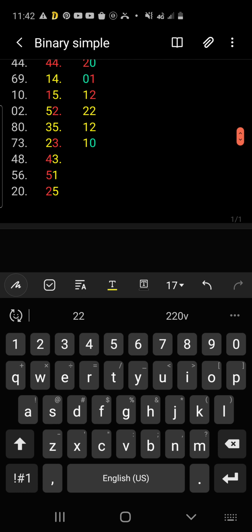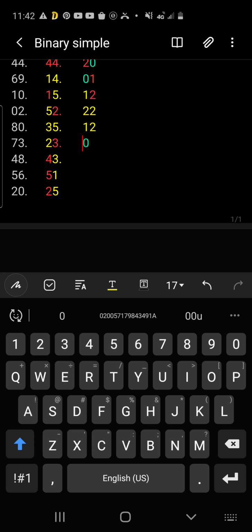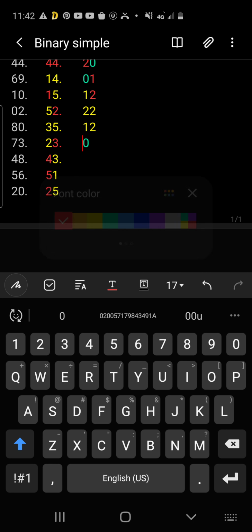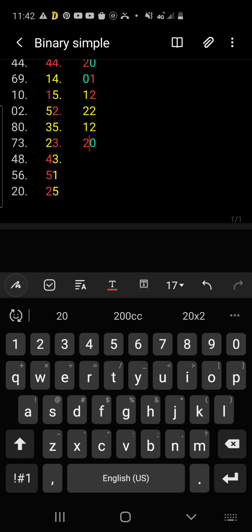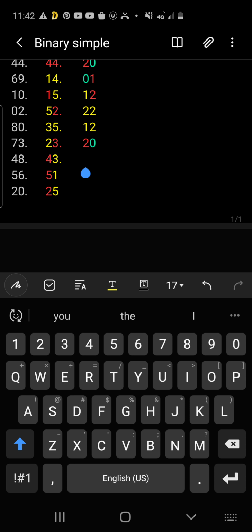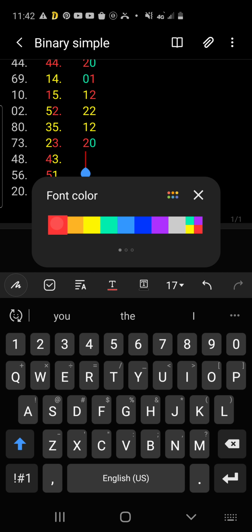Now I think I'm back on track. 3 to the 2 minus 1. 5 to the 3 minus 2. 2 to the 4 is plus 2. And 3 to the 3 is 0. All right, I'm back on track now, y'all. 4 to the 5 is a plus 1.